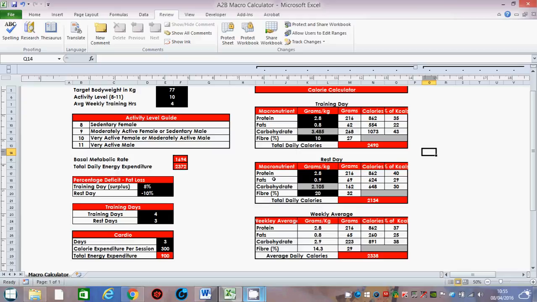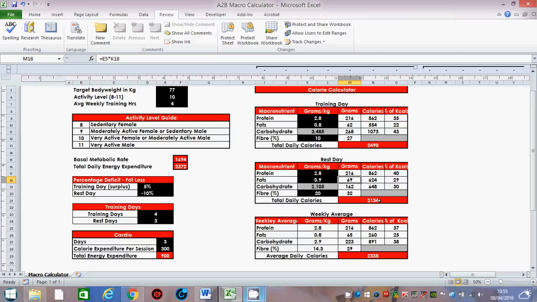Now we have the rest day calories, and we know from my targets that I'm looking at eating 10% less than my sort of 2,372 on my rest days. So that gives me total daily calories on my rest days of 2,134. I'm going to keep my protein intake the same. That generally stays the same every day of the week. And I've adjusted my fats, so I've brought my fats up slightly, and my carbohydrates have dropped down slightly because I'm not doing so much activity. So we can see I've got 216 grams of protein target, 69 grams of fat, and 162 grams of carbohydrate.